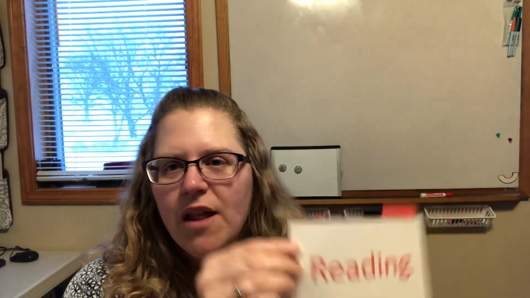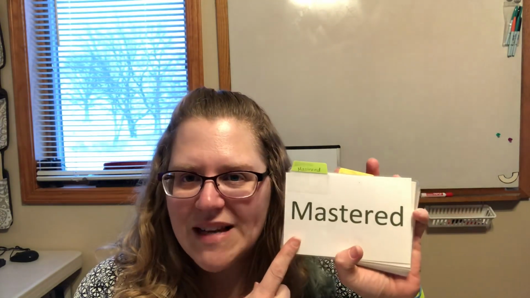Initially, all of my words are going to go behind reading, because my student needs to be able to read all of those words before they get moved into the spelling pile. Once they can correctly decode those words, they get moved into the spelling pile, and once they can correctly encode those words, which means spell those words, it's going to get moved into the mastered pile. So I print them all out on 4x6 cards.